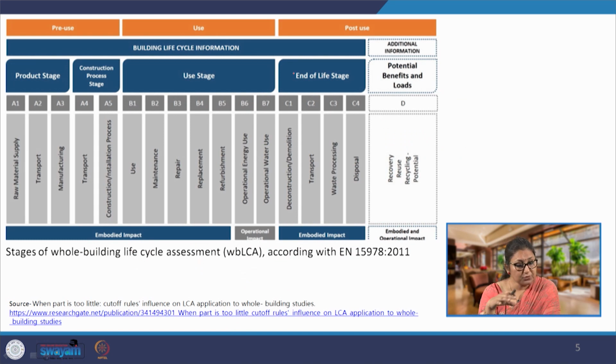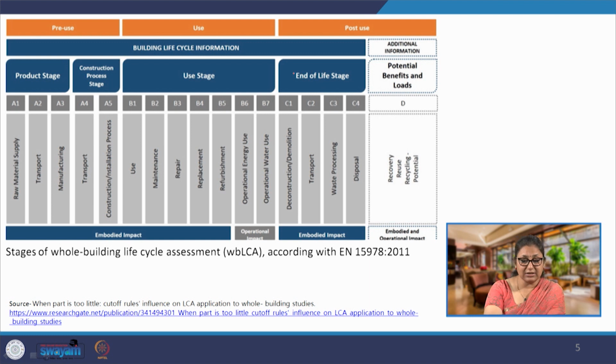Now, what we are also going to see from all these activities that are with us, we have to identify building as a product, and during the manufacture and use of this product, again we will have the upstream and downstream activities, and we will have the operational phase where the building will be in use.